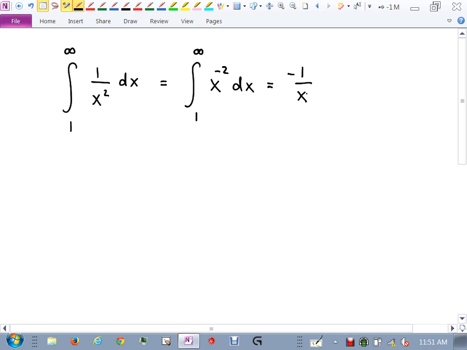And we're going to evaluate that from 1 to infinity. Now I'm going to plug in my two values, subtract the answer. When I plug in the first one, -1 over what? Infinity. Okay, I'll come back to that. And then on the other one, I plug in 1.